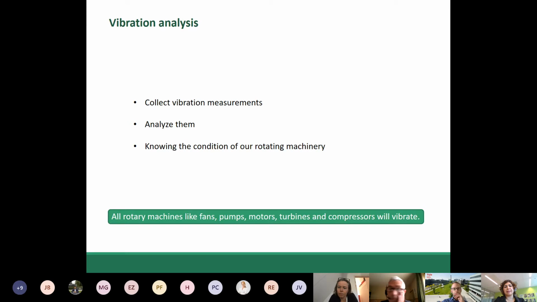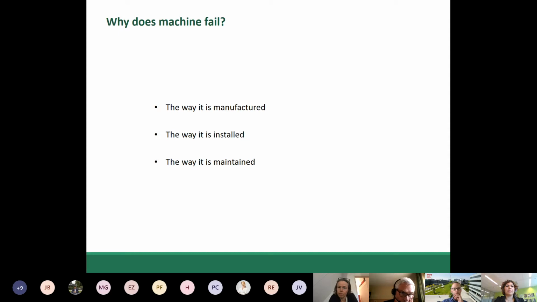And the process is as following. We collect vibration measurements, we analyze them, and then we can know the condition of our rotating machine. A very simple question. Why does a machine fail? Either there is a problem during manufacturing, or during installation, or during maintenance.